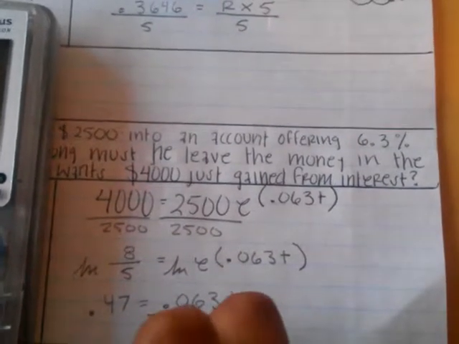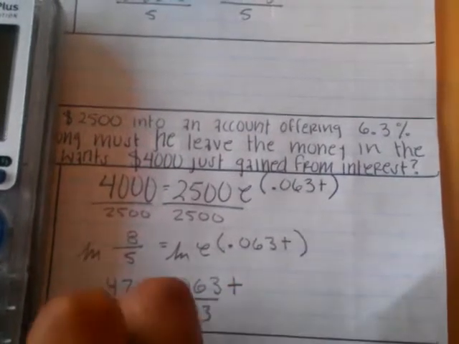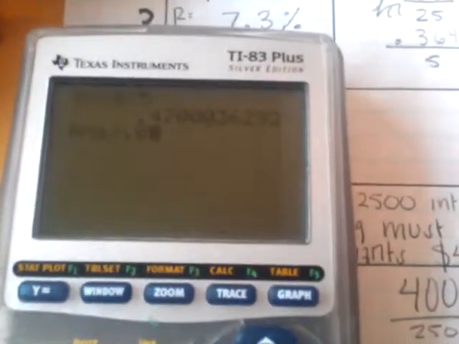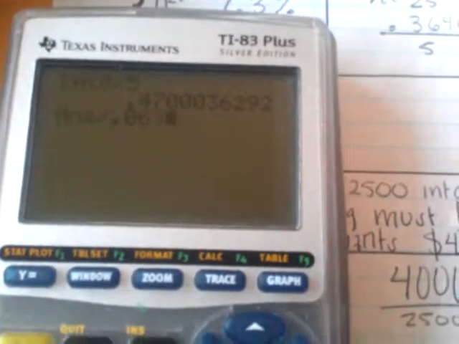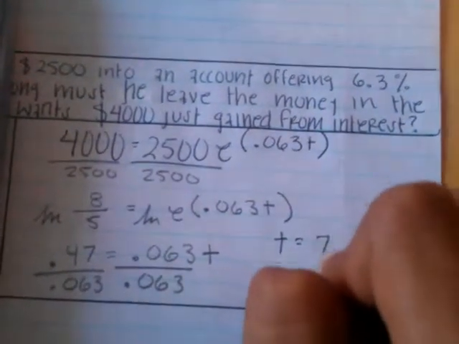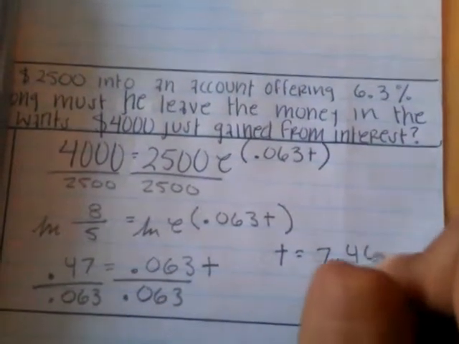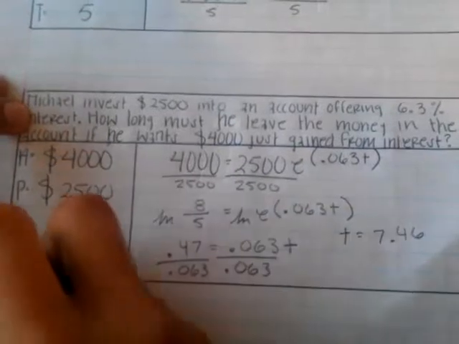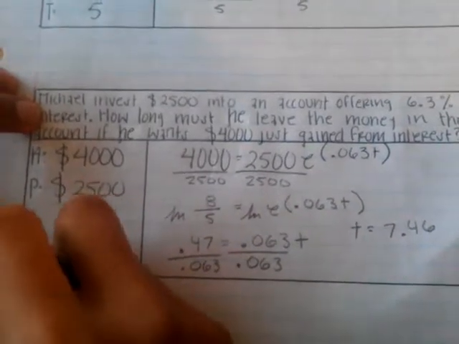Divide both sides by 0.063. Your t would equal 7.46. So you know that it's dealing with years, so for sure you're going to have 7 years.